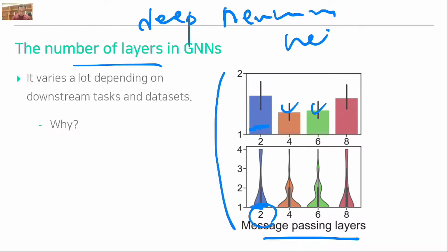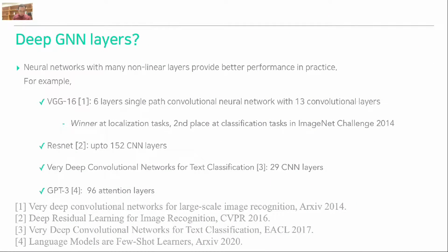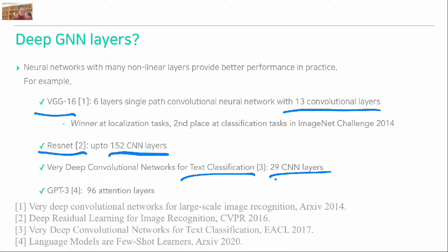Compared to previous achievements, for example in image classification, VGG has CNN layers, and ResNet uses up to 152 CNN layers. Text classification uses 29 CNN layers. GPT-3 has 96 attention layers.